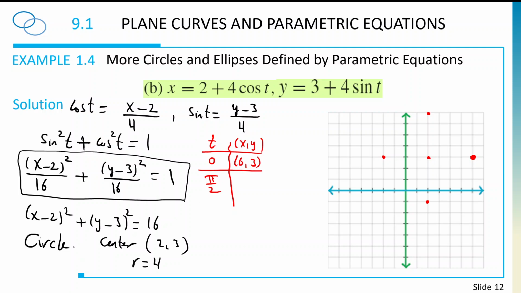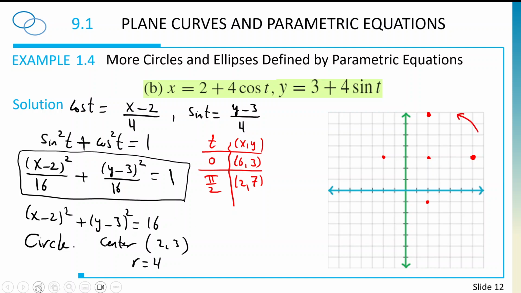Okay, let's see the next one. Pi over 2. The cosine is 0, so this is 2, and sine of pi over 2 is 1, so 4, 7, so 2, 7. So clearly we are moving this way.